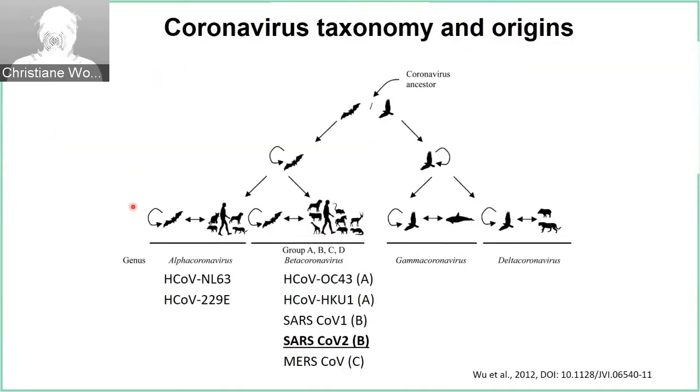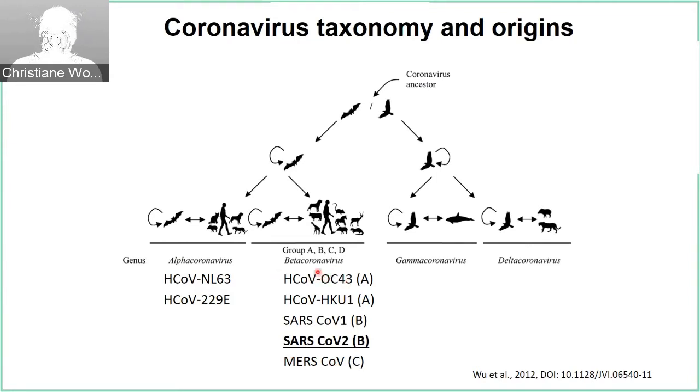These viruses are divided into 4 different genera that you can see here: alpha, beta, gamma, and delta coronaviruses. I have listed all of the human coronaviruses here, and those are found in alpha and beta coronaviruses. The top 4 here are the common cold coronaviruses, and then the emerging coronaviruses, SARS-1, 2, and MERS, are found in the beta coronavirus genus.